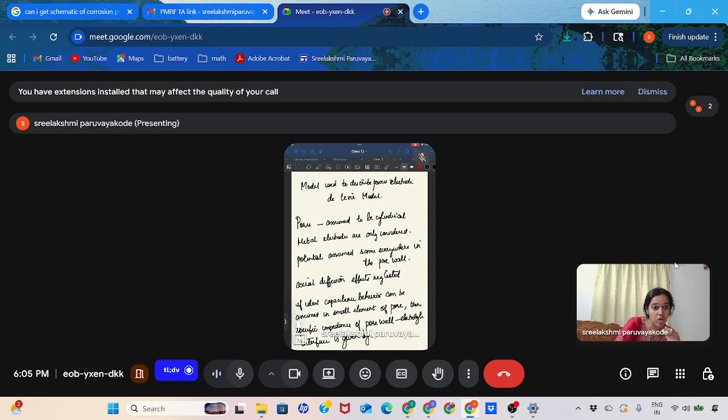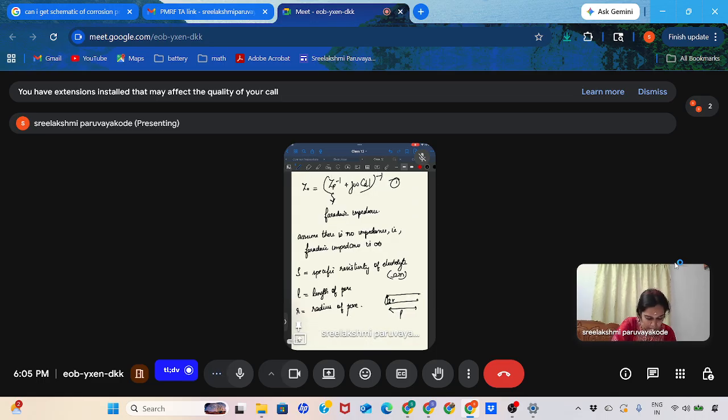Axial diffusion, the diffusion across the axis, is neglected. If ideal capacitor behavior is assumed within the pore, then the specific impedance of the pore wall electrolyte interface is given by the equation written over here, which is due to the solution resistance as well as the double layer capacitance behavior.